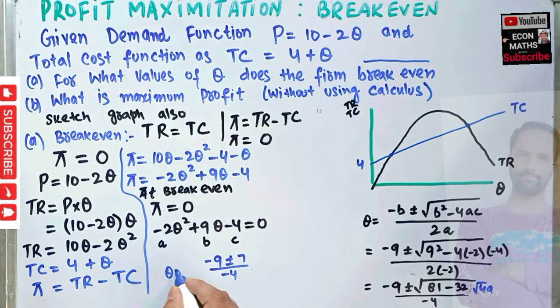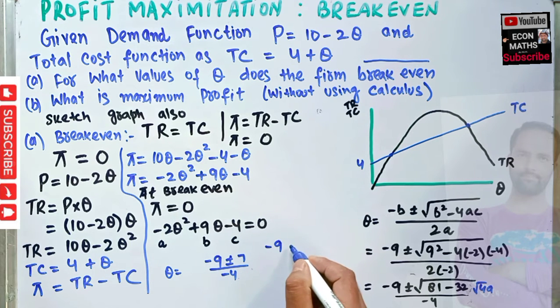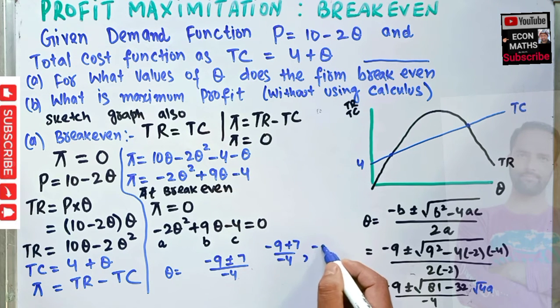Which implies we get two values for q. One is minus 9 plus 7 upon minus 4, and another value will come out to be minus 9 minus 7 upon minus 4. Solving this, you will get minus 2 upon 4, which is 1 upon 2, or 0.5.